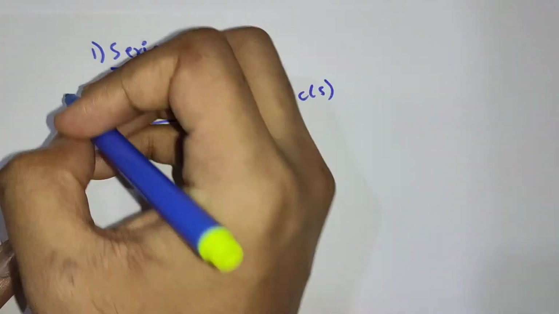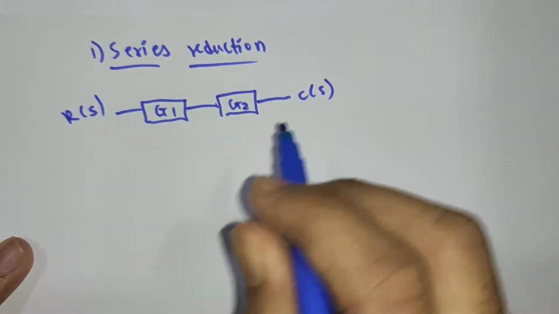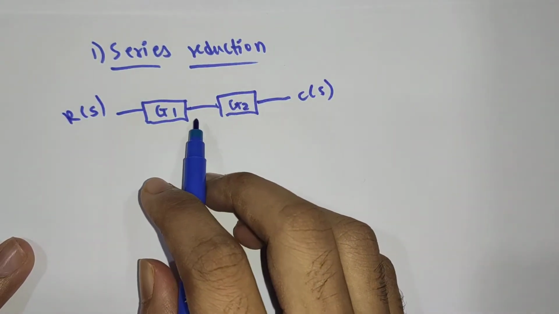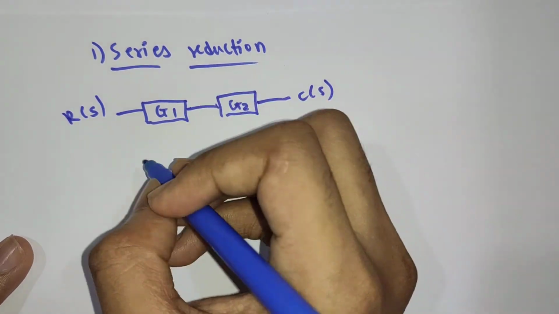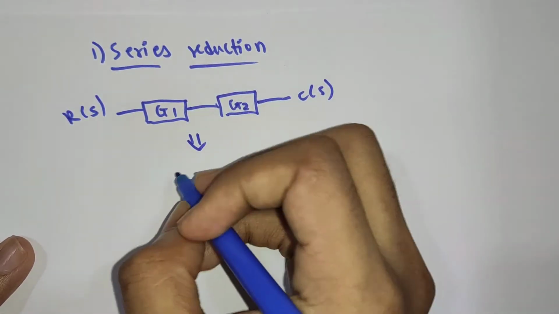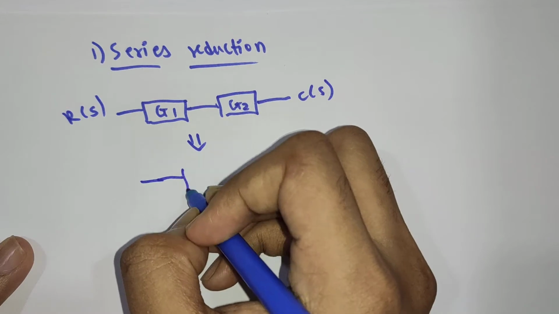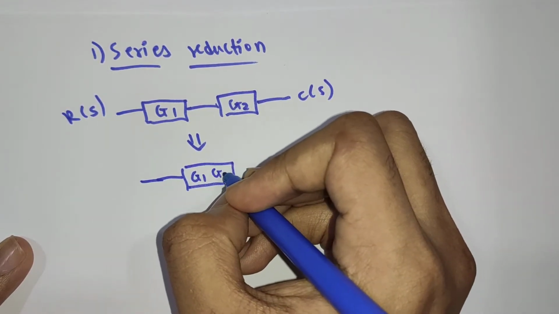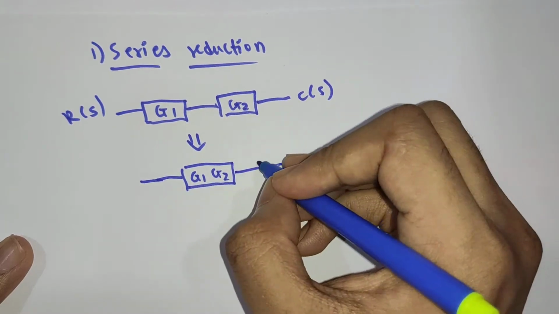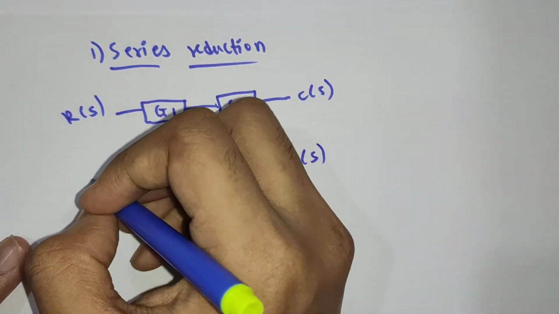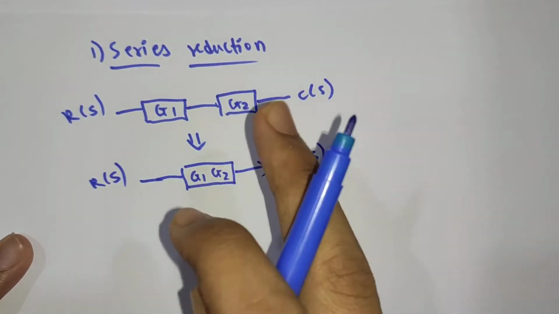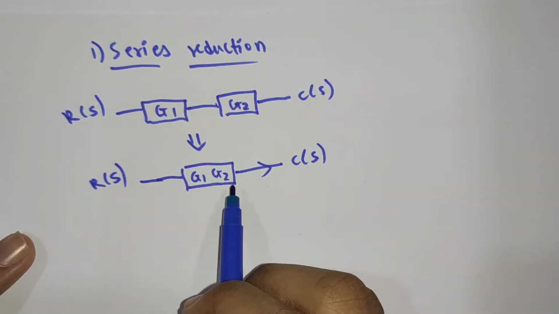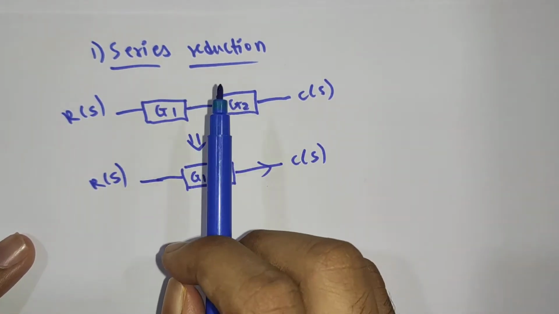We can multiply these two blocks and convert them into one single block, G1 G2. See, these two blocks have been converted to one block. This is the series reduction rule.